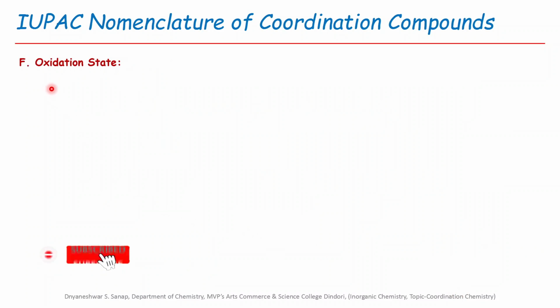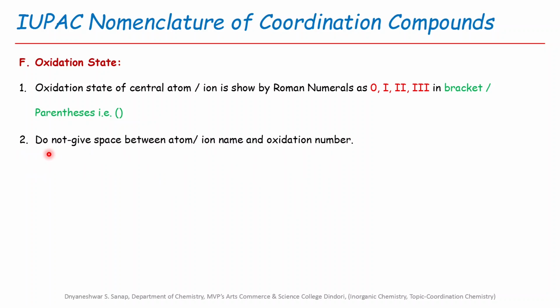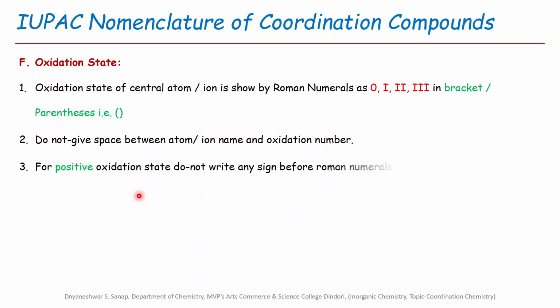The next important point is oxidation state. Basically, the oxidation state of the central atom or ion is shown by a Roman numeral such as 0, I, II, III in brackets or parentheses. The second important point is do not give a space between the atom or ion name and the oxidation number.